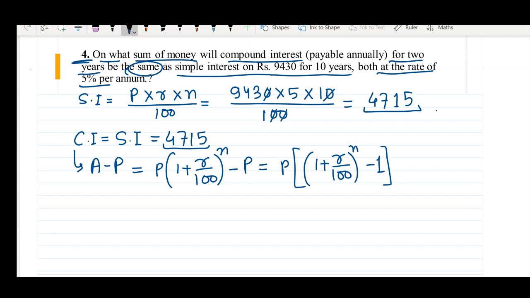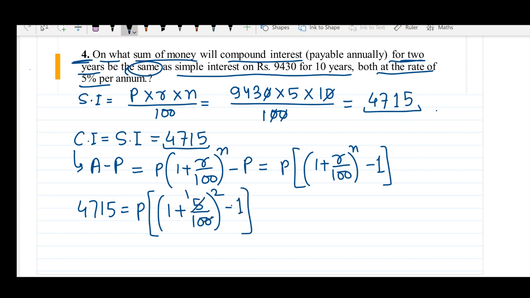Now let's substitute the values. Simple interest is 4715, so 4715 is equal to P, which we don't know. Let's calculate the other values: 1 plus R over 100 is 1 plus 5 over 100, we know it from the question only, and then to the power 2, because time is given as 2 years, minus 1.